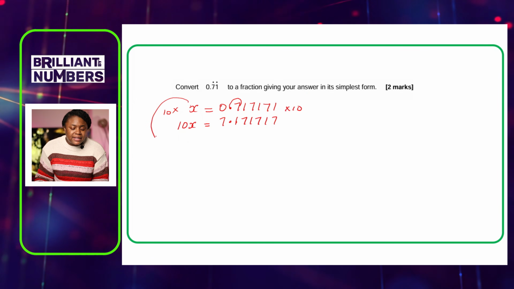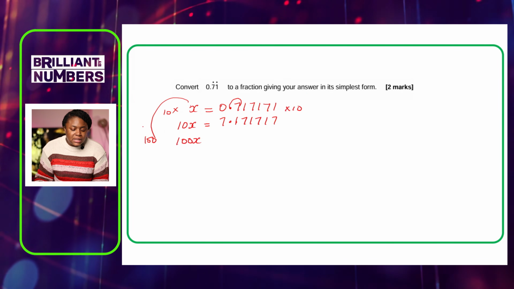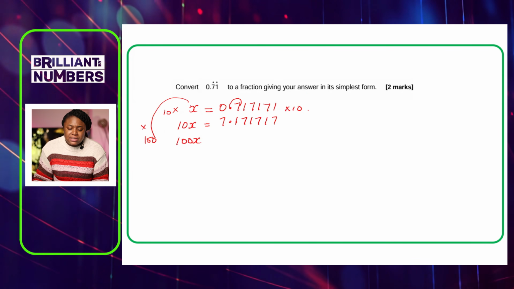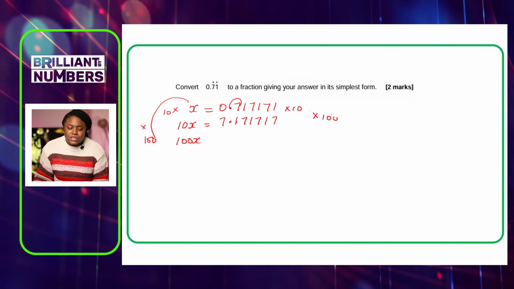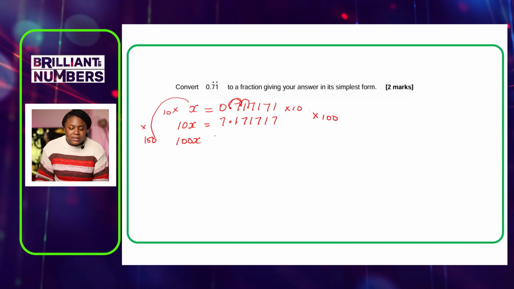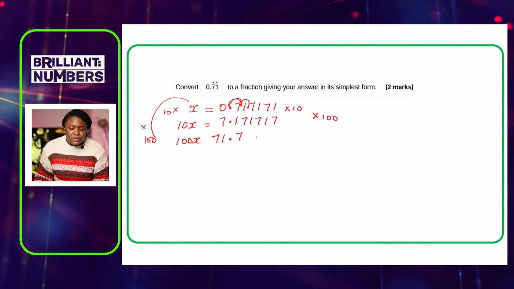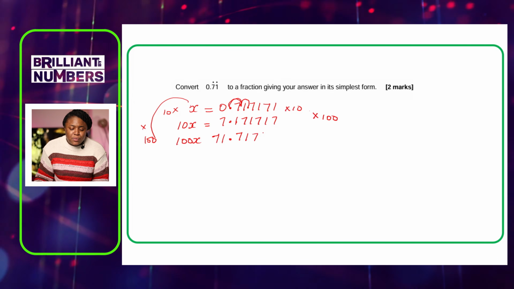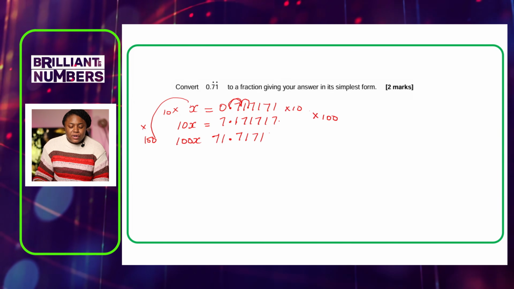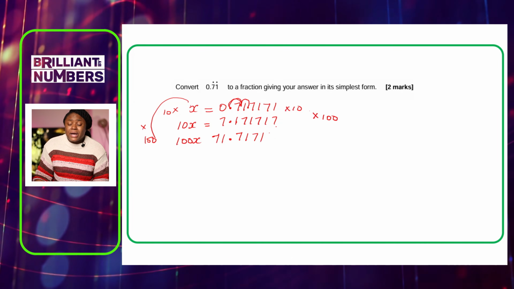So if I times x by 100, I will get 100x. I also need to multiply this side by 100 as well. So doing that, I move 2 spaces, I will get 71.7171 and so forth.